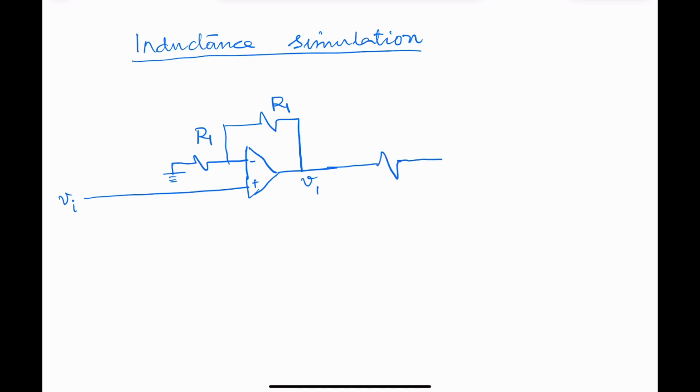We have resistance R2 here, and here we have another op-amp. This is the negative input, this is the positive one, and this is the final output V0. Here we have an impedance ZF between the inverting input and the output of the second operational amplifier. And then we have another resistance between input and the final output.